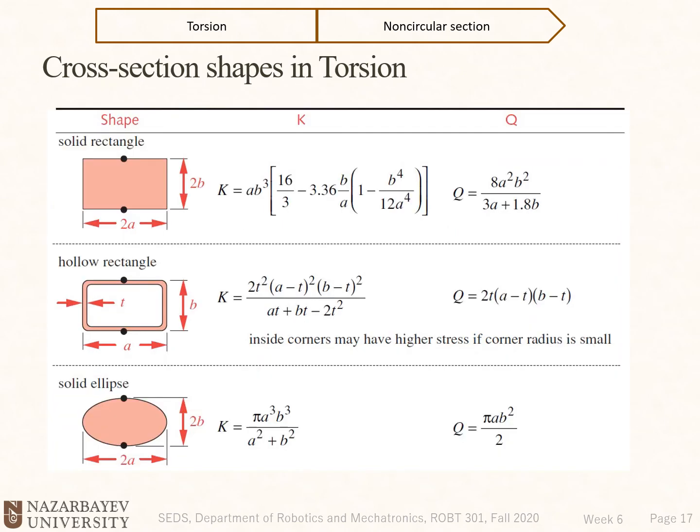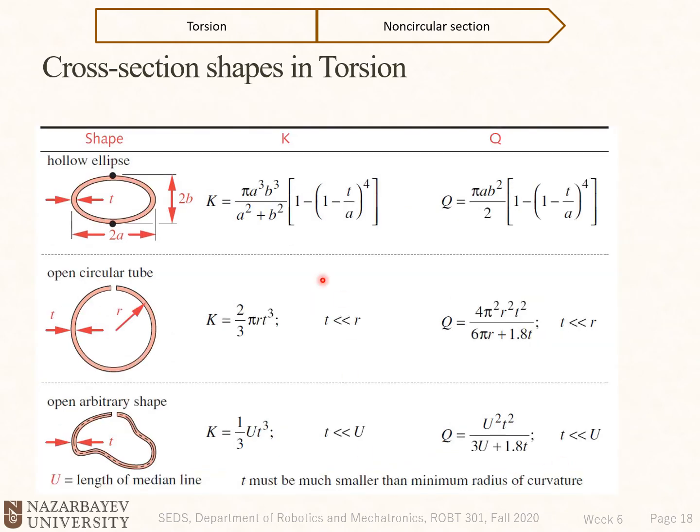For a solid rectangle, hollow rectangle, solid ellipse and other shapes, you could find K and Q constants. Again, for hollow ellipse, for open circular tube, and for open arbitrary shape, Q and K are constants.